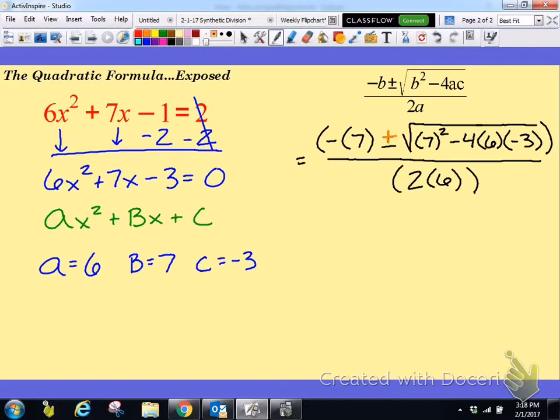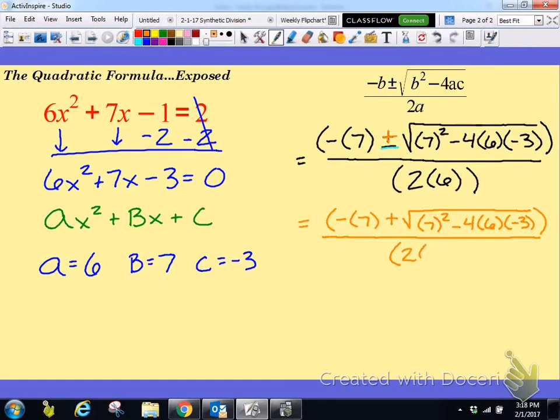Alright? Now we're going to look at this sign right here. Plus or minus. Alright, so I need to write this same equation 2 times, except the first time, I'm going to use plus. So open parenthesis, negative 7 plus the square root of 7 squared minus 4 times 6 times negative 3. Close parenthesis outside, divided by, or all over, open parenthesis, 2 times 6, close, close.